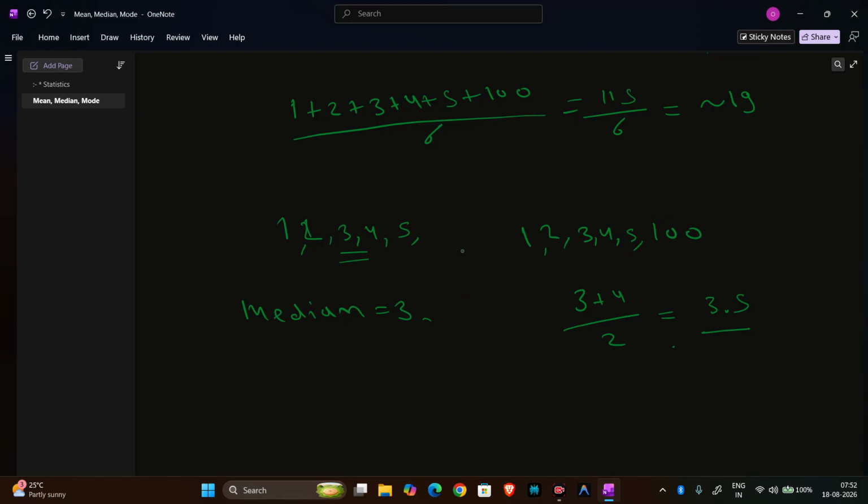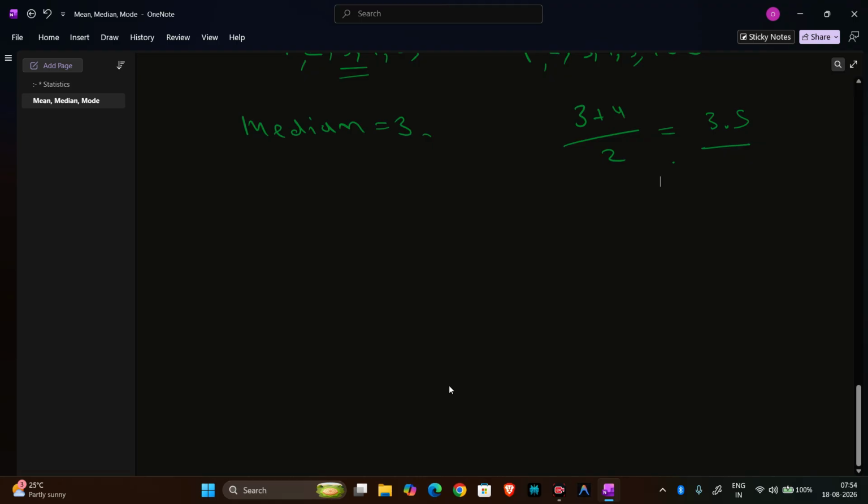Okay, so we calculated mean and median. Third, we had mode. So what is mode? Mode is, we take one data set.